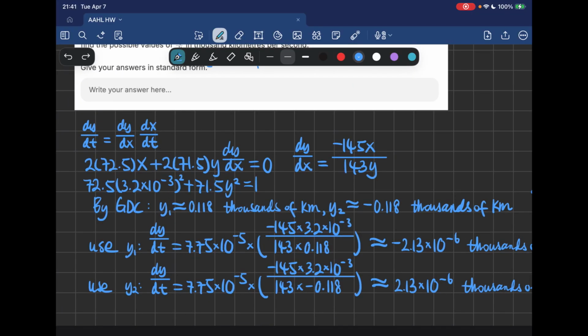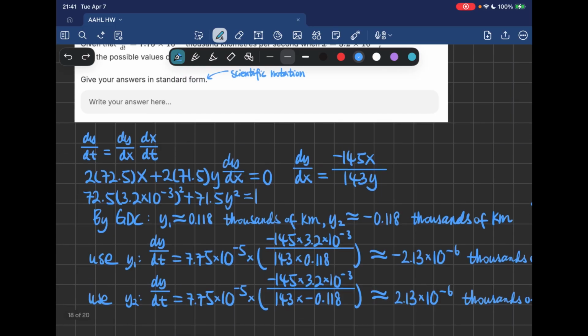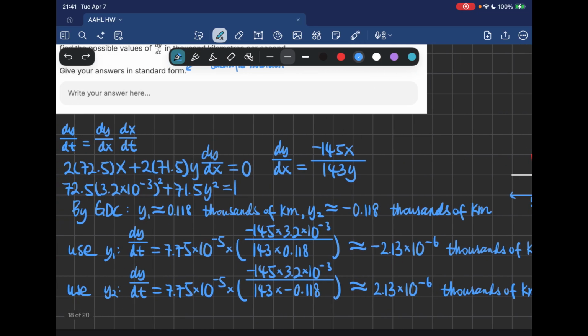Now we have all the numbers we need. Let's find the two possible rates for y. Using y1, dy over dt equals dx over dt times what we substitute here for dy over dx. So y1 is 0.118. We substitute 0.118 down here and substitute x here. So we eventually get this, in thousands of kilometers per second.